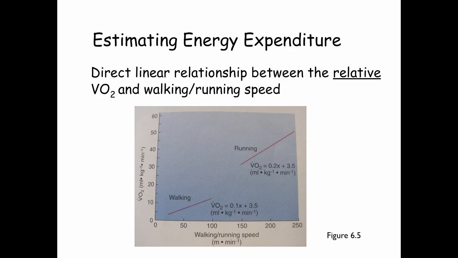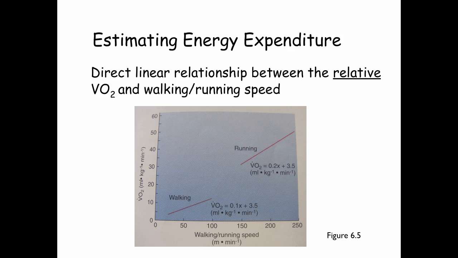So if you were to go on a treadmill and walk at a certain pace, you would have a particular relative VO2. Most people on average would have approximately the same relative VO2. There would be slight variations due to walking efficiency, etc. However, for the most part, everyone on average would have around the same walking VO2.